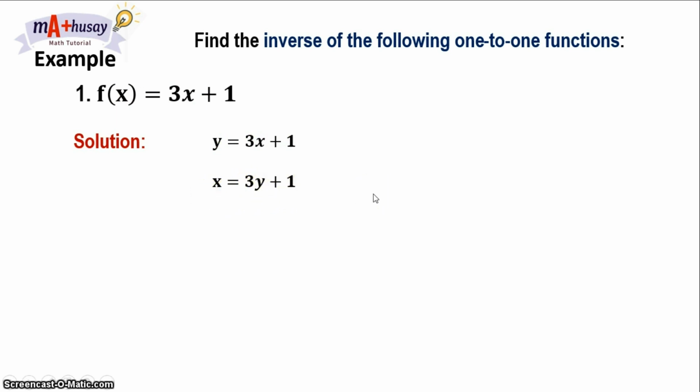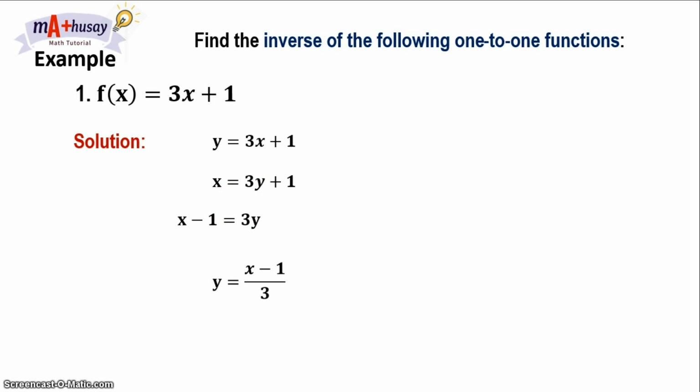Now, from here, we will solve for the new value of y. So, we have x minus 1 equals 3y. Now, since gusto natin hanapin ng bagong value ng y, so dividing both sides by 3, y is equal to x minus 1 all over 3.